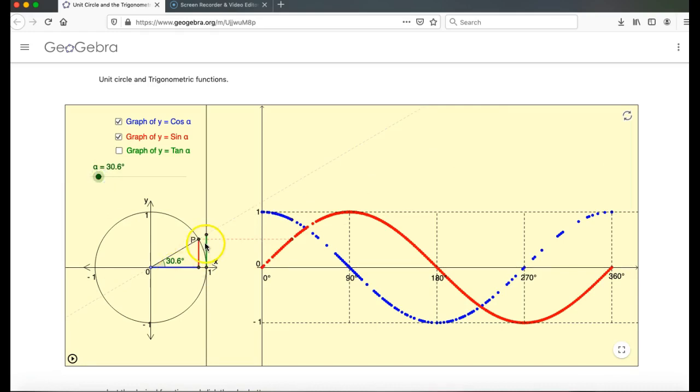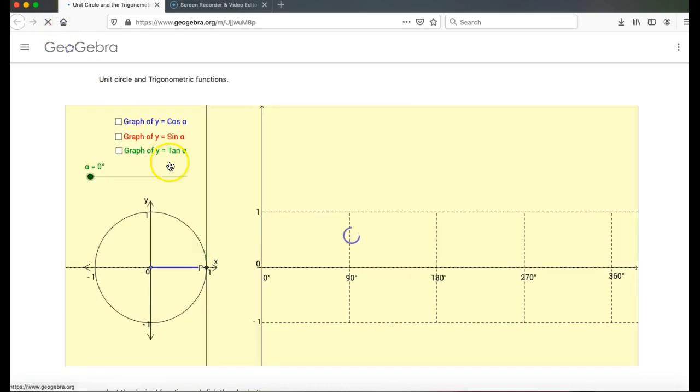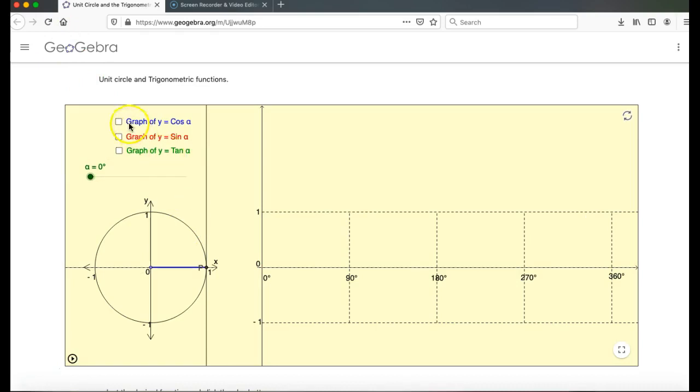So 45 degrees on cosine, if I get rid of both my graphs just quickly and have a look at it, okay, so we're nice and clean again. I'm just going to talk about cosine now. So if I go to 45 degrees again, or around there, so let's go to 45. Okay, so if I then draw across from here to about here where 45 is, that's the point that would be 45 degrees.